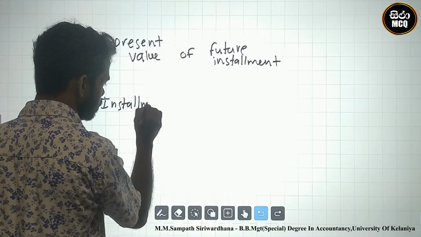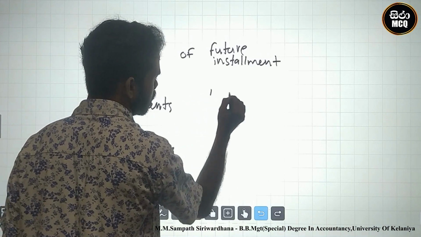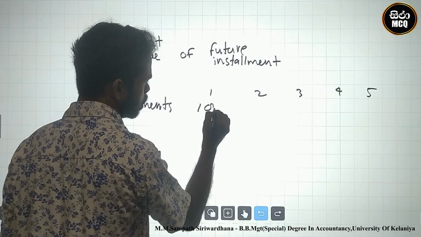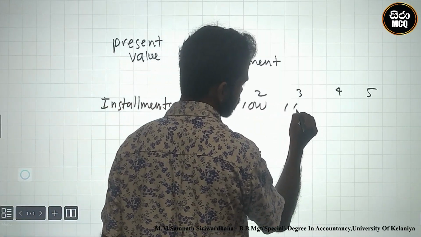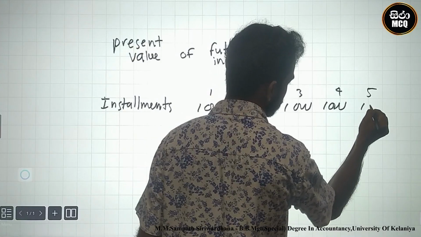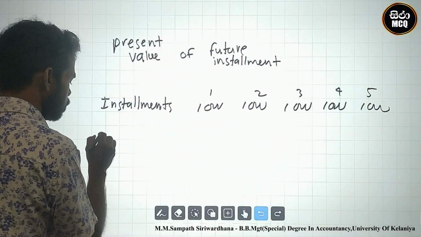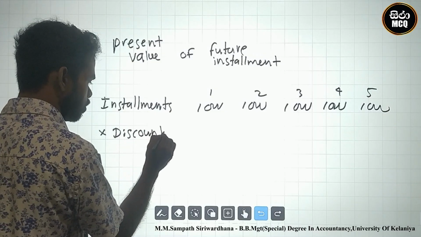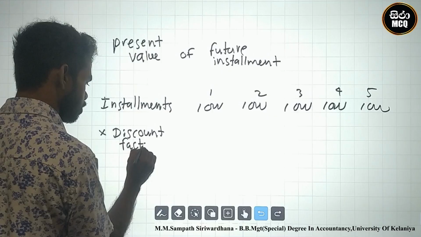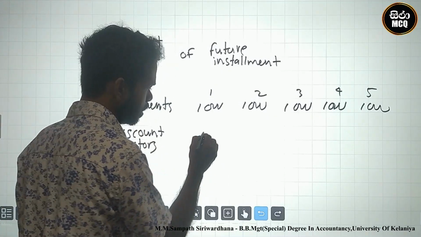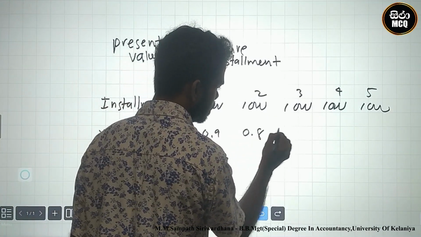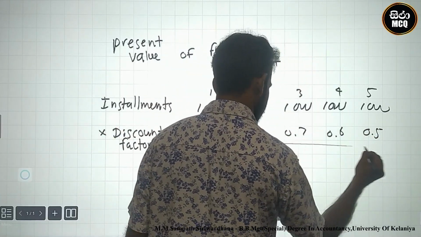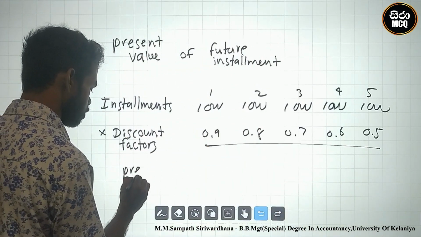Installments for year 1, year 2, year 3, year 4, year 5. These are equal installments of 1000. After that, you multiply by these discount factors at the commencement date: 0.8, 0.7, 0.6, 0.5. After that, you get the present values.